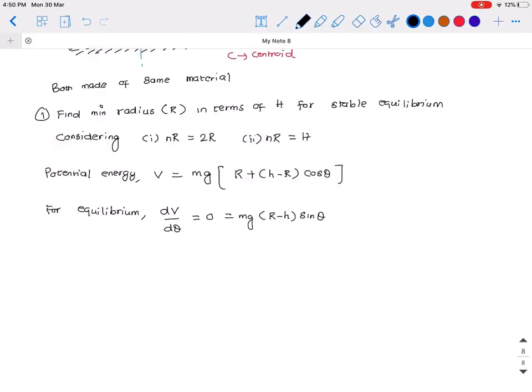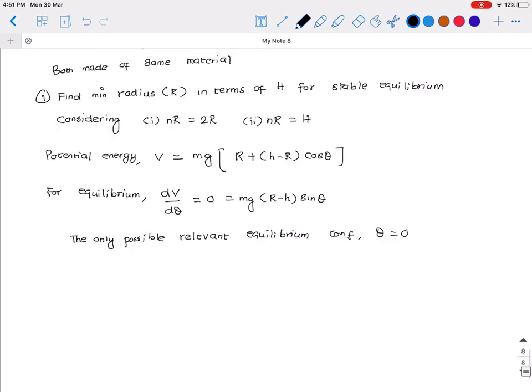Okay, so the only possible physically relevant equilibrium configuration is theta equal to 0. Okay, all right.